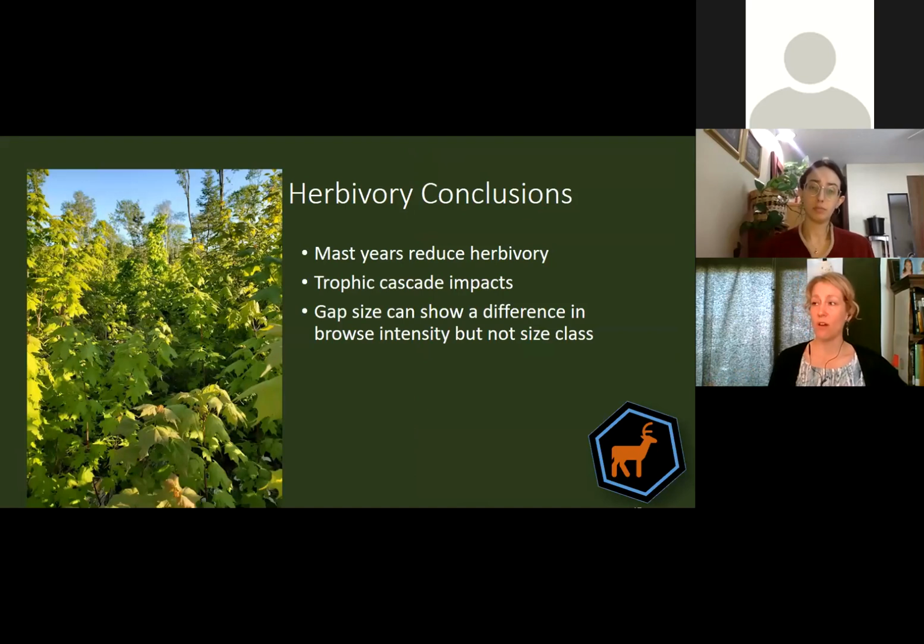And then mast years also were found to reduce herbivory. So where red oak had mast years, it reduces the amount of impact from herbivory from white-tailed deer. And when there's predators in the area, saplings are browsed less than when there are not. And small gaps show less browse from white-tailed deer than medium or large gaps.